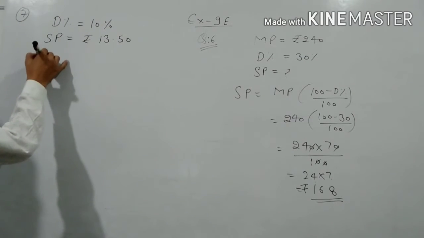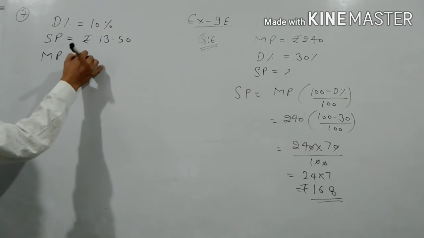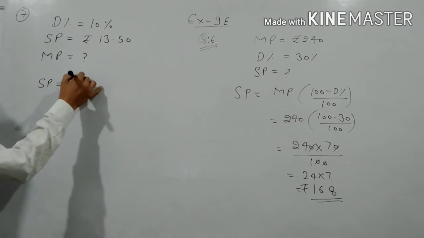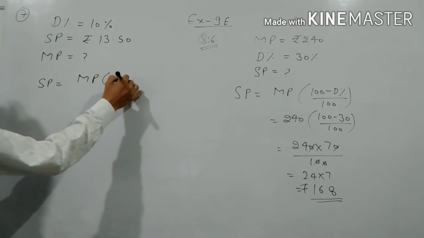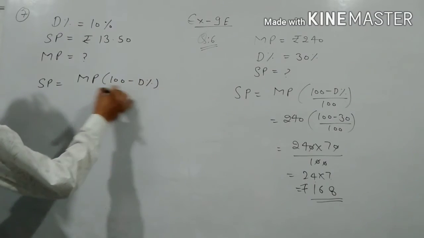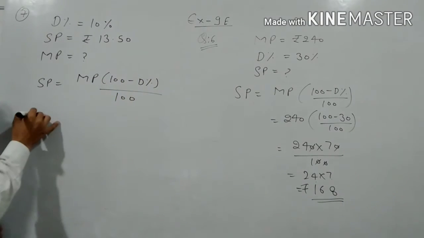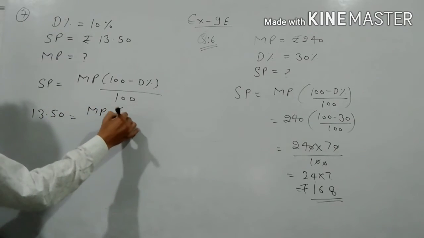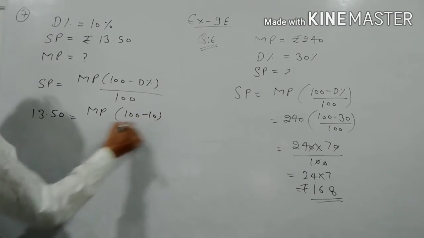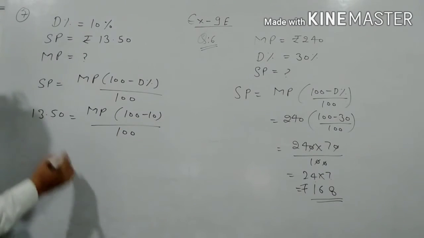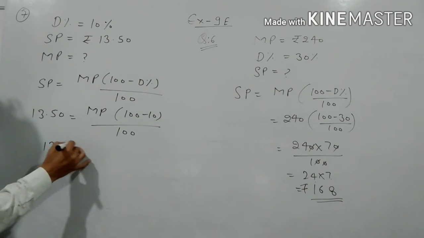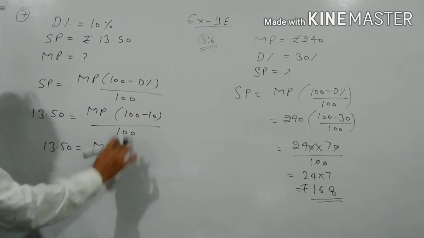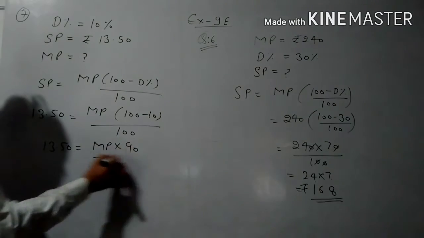So it is asking about MP. Same formula we will use. SP is equal to MP into (100 minus discount percent) upon 100. SP is 13 rupees 50 paise. MP we have to find, (100 minus 10) upon 100, 90 upon 100.